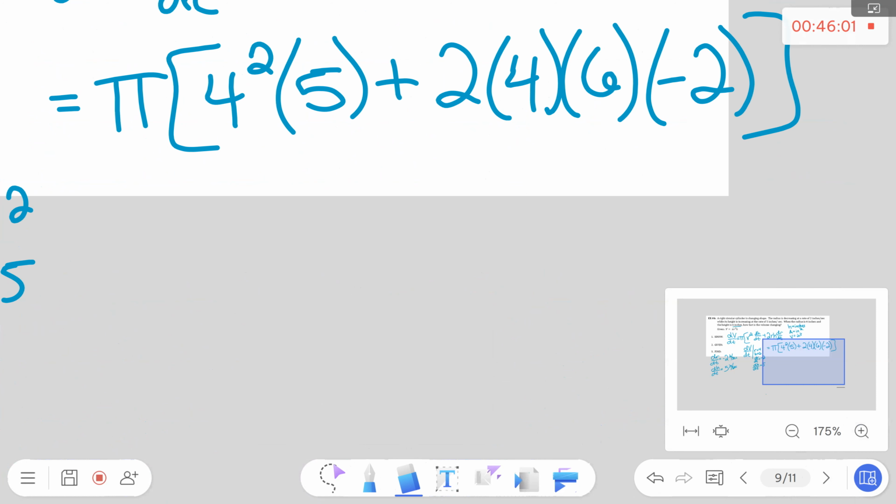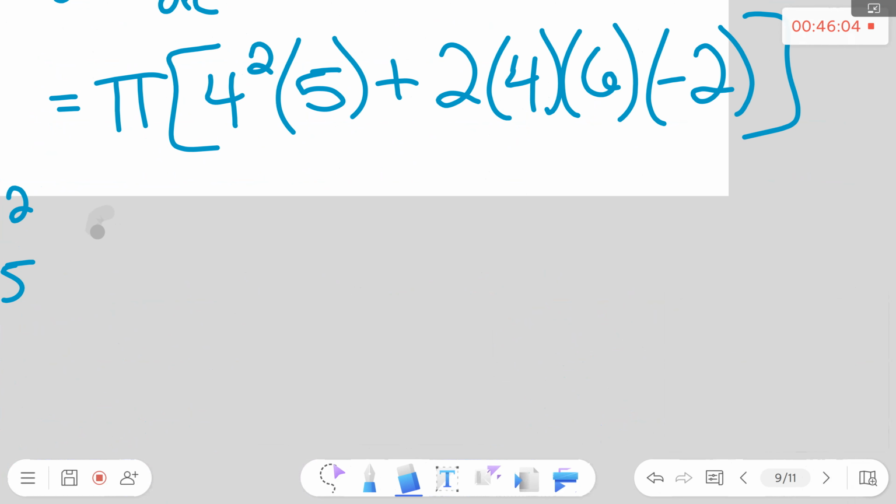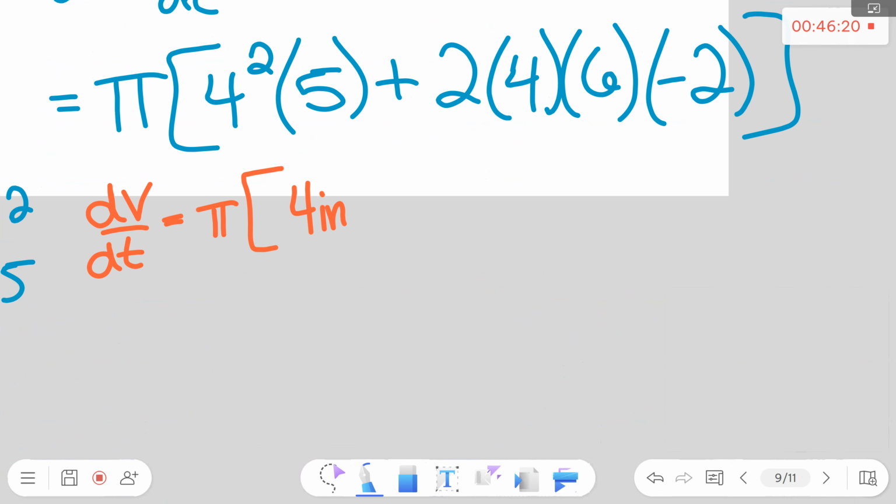So let's rewrite this with our units in there. So dV over dt equals pi times, 4 is our radius, so 4 inches squared, times 5, which is dr over dt, 5 inches per second, and that's from up there in the question.